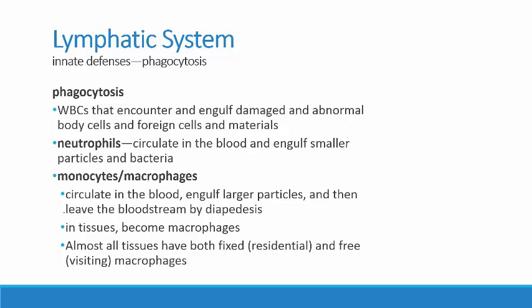At which point we talk about them as macrophages, and almost all of our tissues have residential populations, fixed populations of macrophages, the ones that never leave, and then we have the visitors, the ones that are free to travel. And so most organs and tissues have some of each kind hanging around and making sure that nothing pathogenic survives for long.